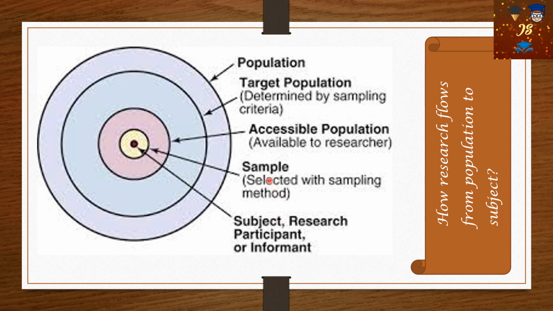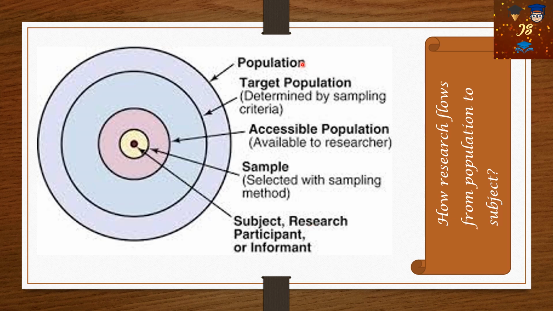Now, from the sample comes the subject, research participant or informant, from whom we are going to get information about the use of specs in the locality, for how long they are using the specs, what for they are using them, what type of specs they are using, and so on.